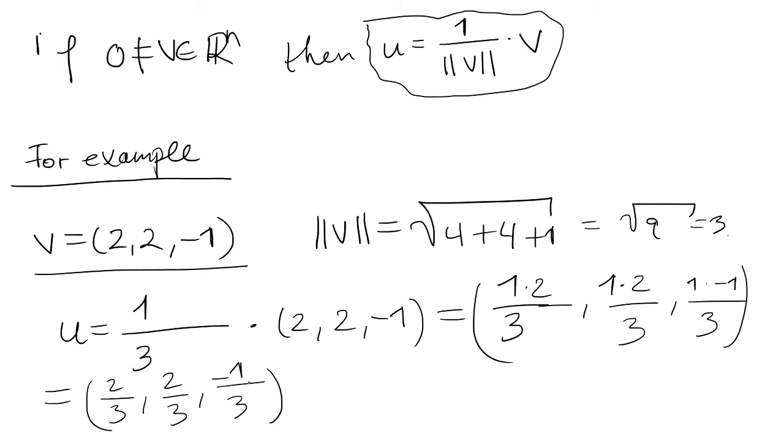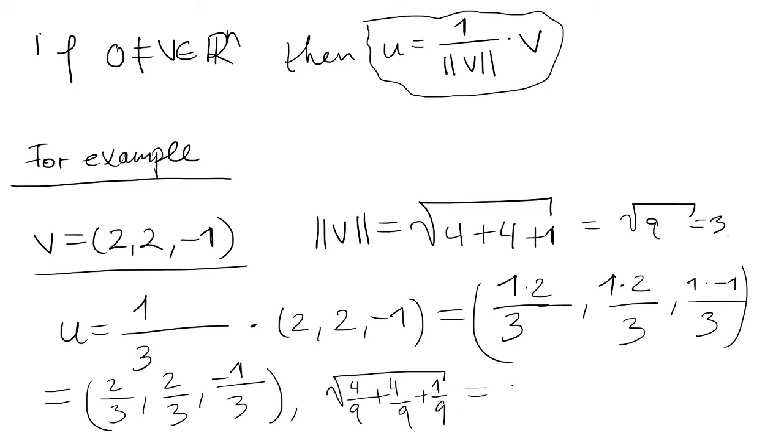So we have now normalized vector v, which means that we have turned vector v into a unit vector because now it has length 1. Is this a unit vector? Yes, it is, because if we take the length of the vector here, we end up with the square root of 4 divided by 9 plus 4 divided by 9 plus 1 divided by 9.